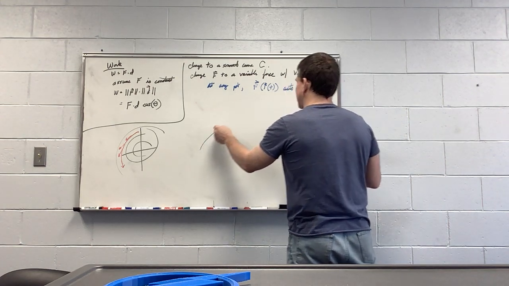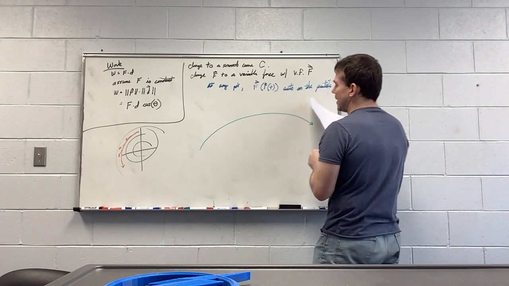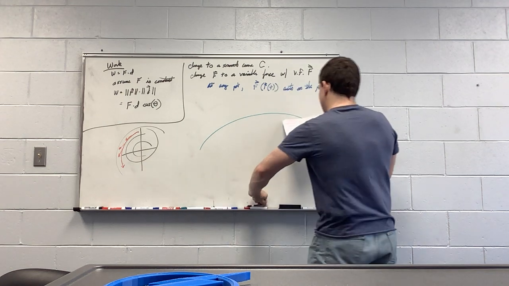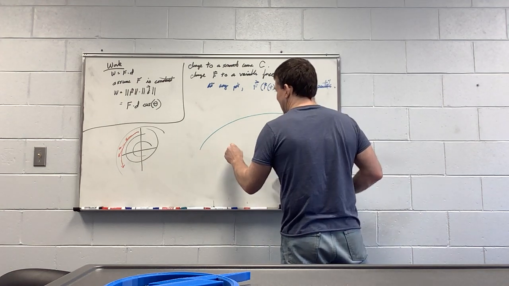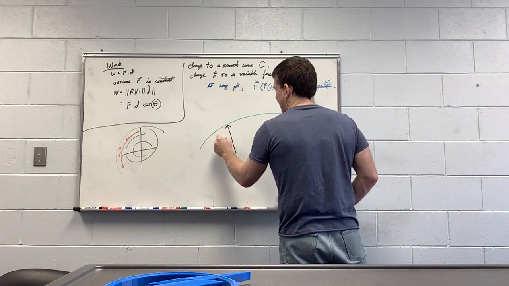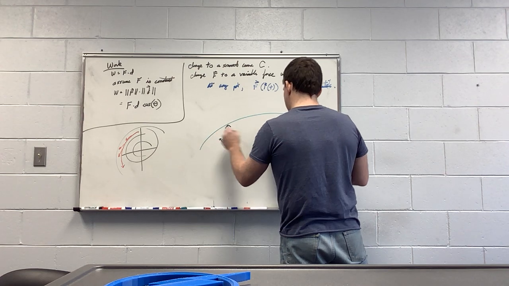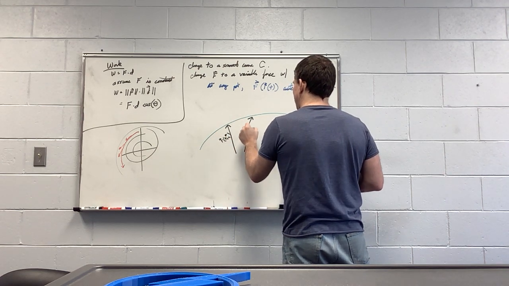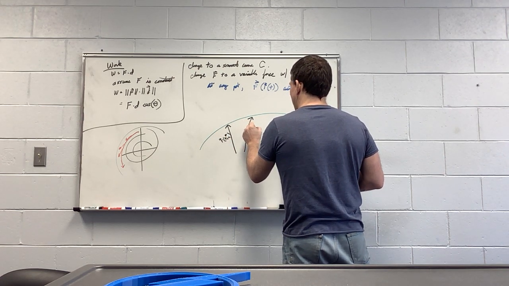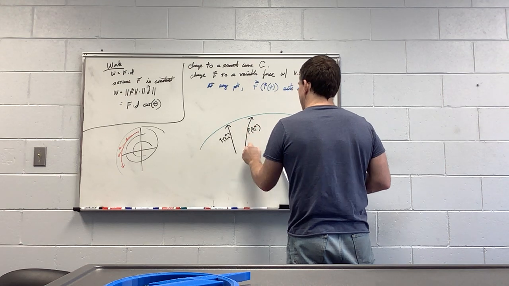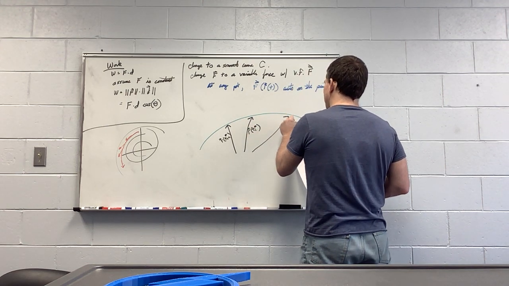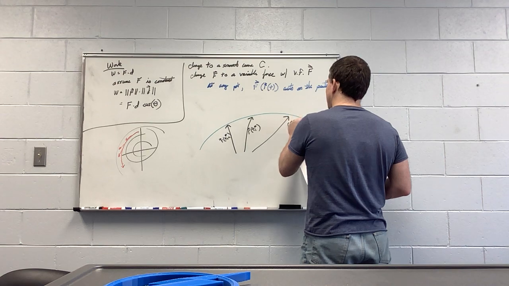But if I just sketch this out, if this is my curve right here, then maybe I can have a few points. We'll say r of t sub i minus 1, and then over here we'll have the point at the end, r of t sub i. Over here, this is r of t sub i plus 1.